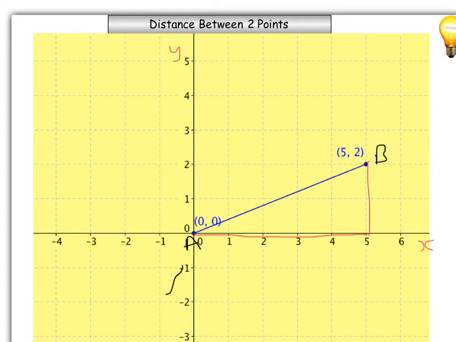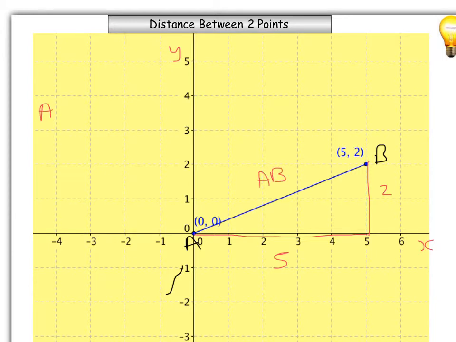All we now need to do is find the lengths of the shorter sides. For the first one here, we've got 5, and in the y we've got 2. Because we know Pythagoras' theorem, we can find that this length here is going to be AB.